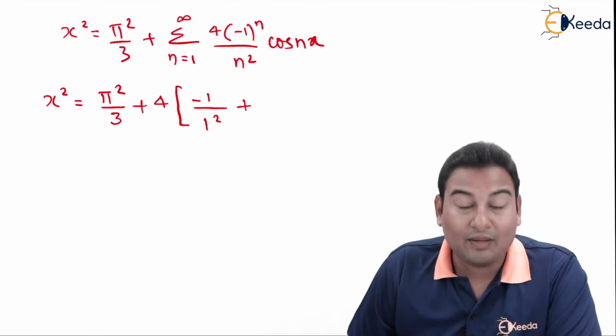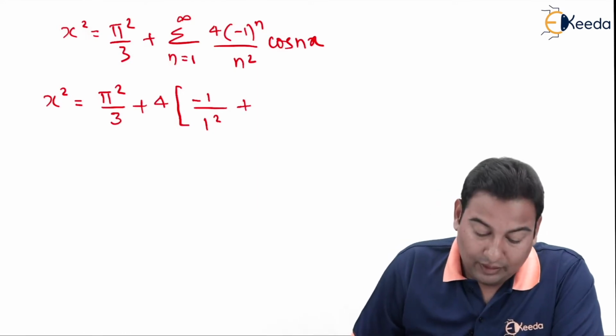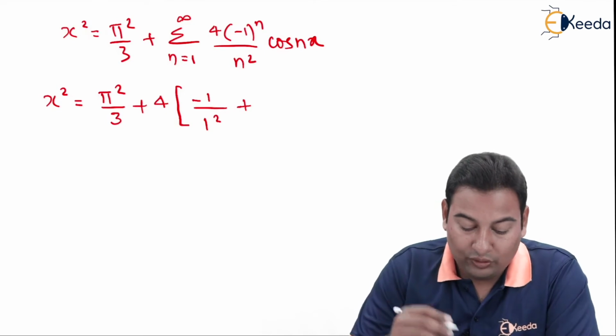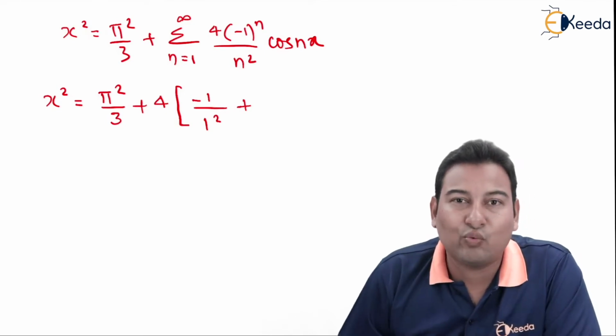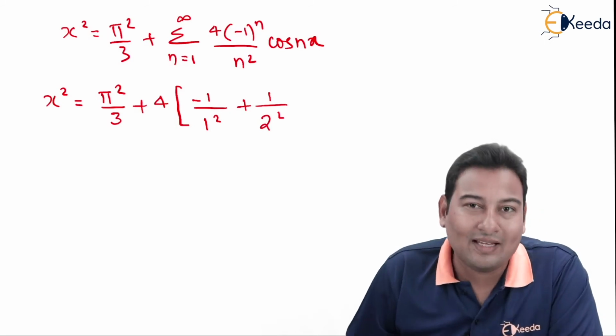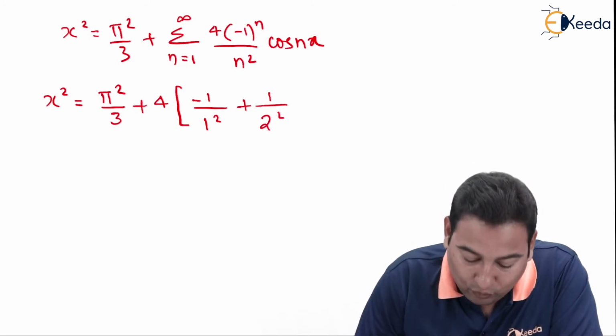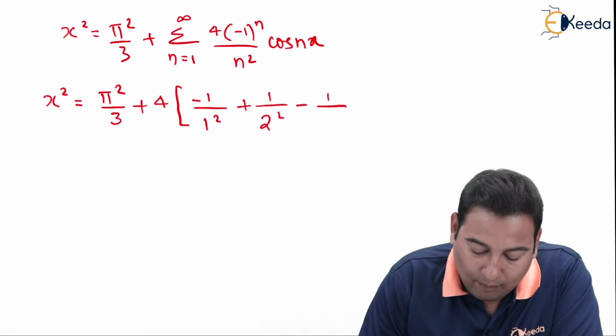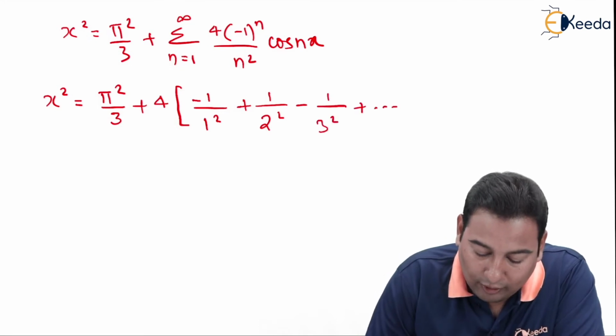Plus, let's substitute n is equal to 2. If we put n is equal to 2, this will be minus 1 square, which is 1 upon 2 square. Let us substitute n is equal to 3. Minus 1 cube is minus 1 upon 3 square plus dot dot dot.